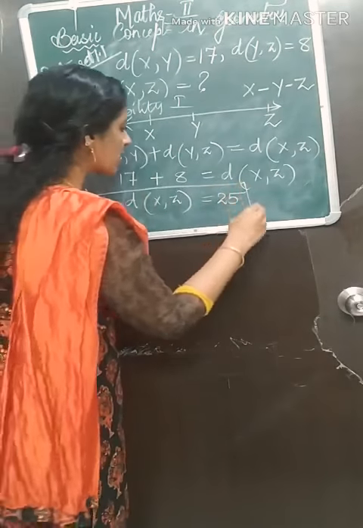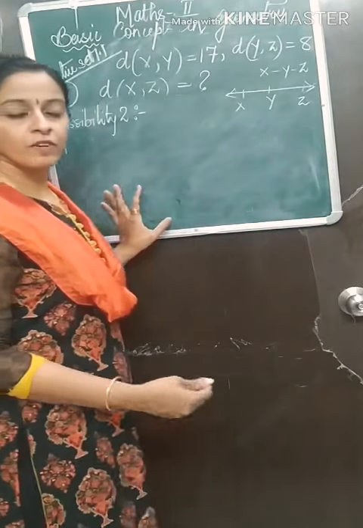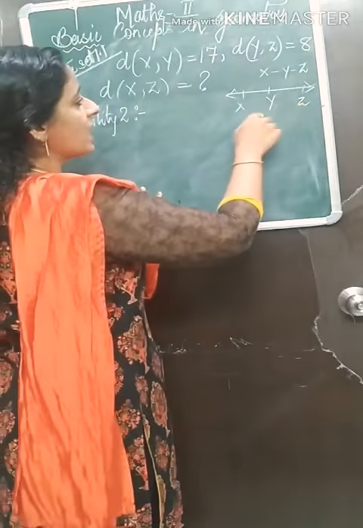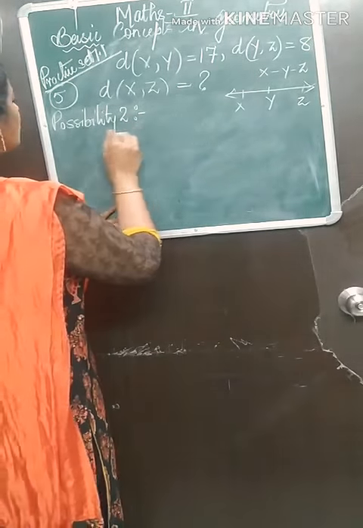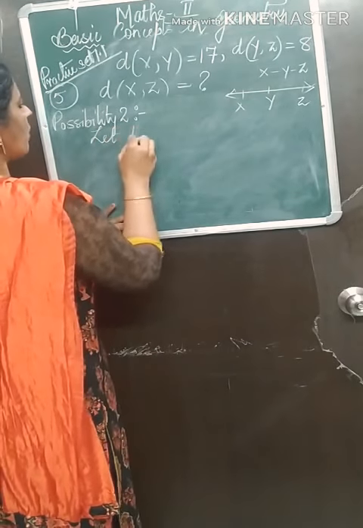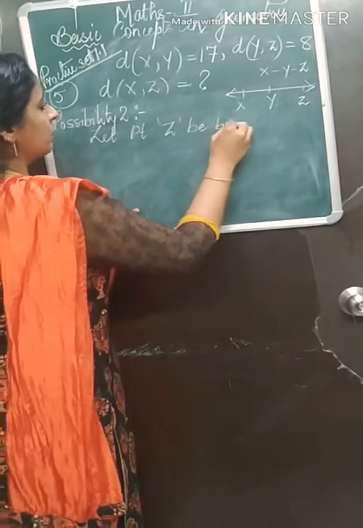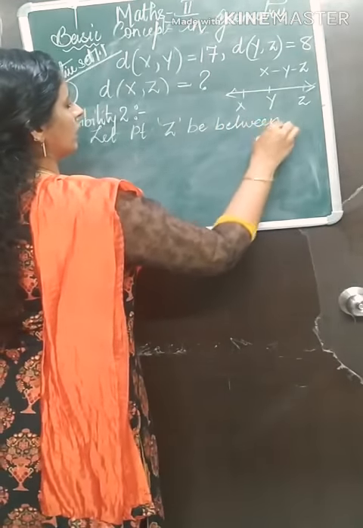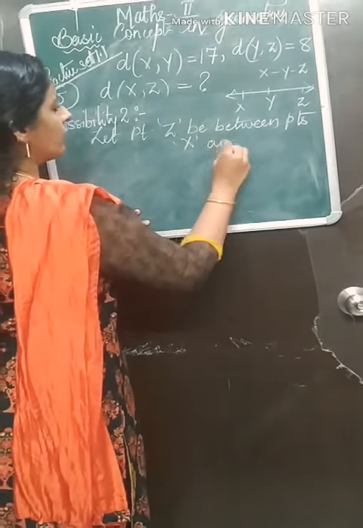So in the first case we considered y to be between. Which point will you take now? Let us take z between x and y. So possibility 2: let point z be between points x and y.